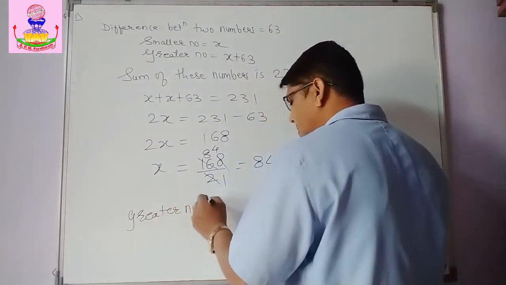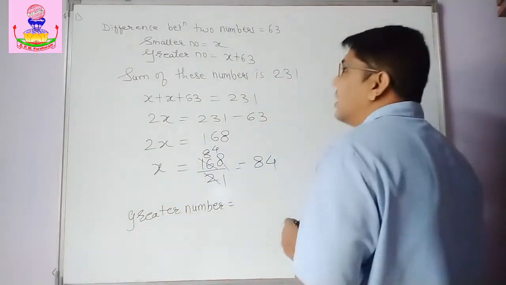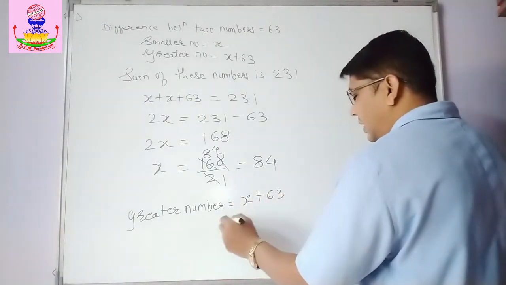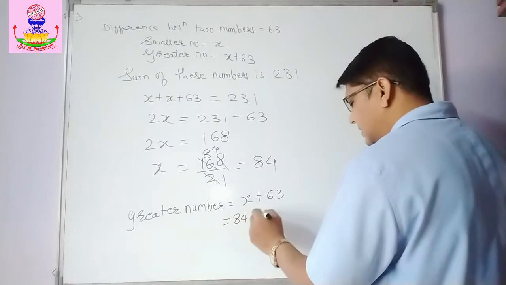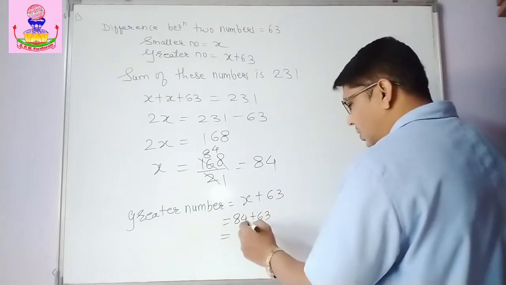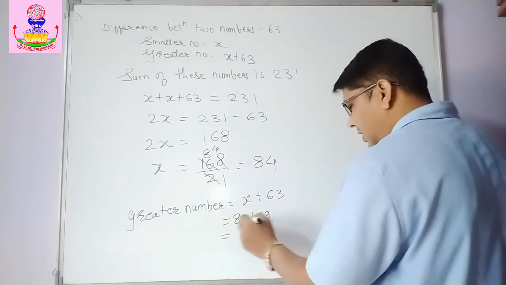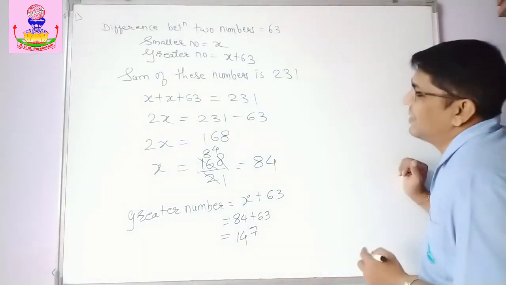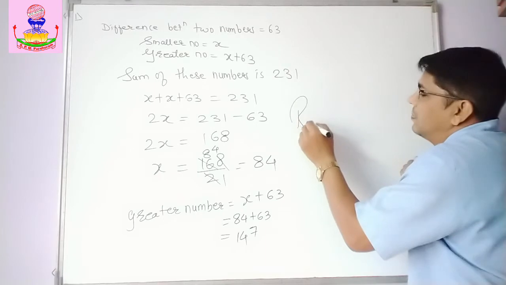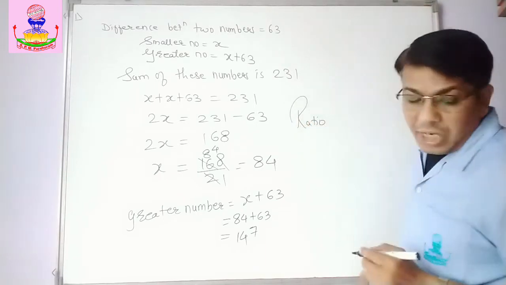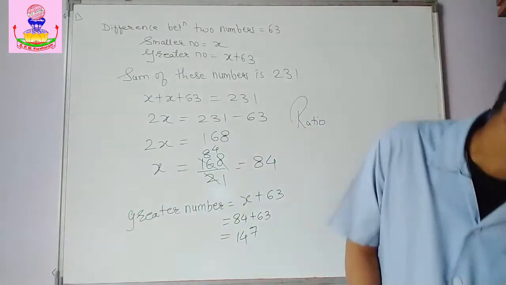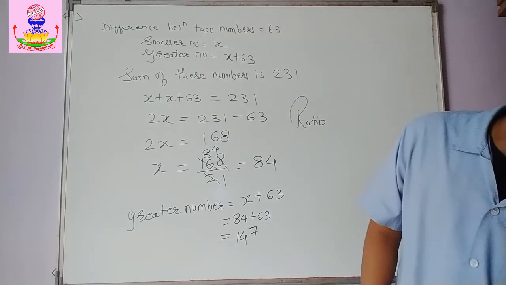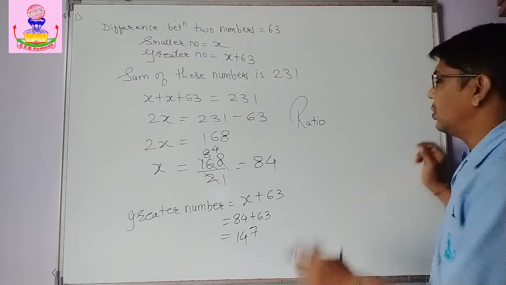Now you have to find the ratio, so first find the greater number. The greater number is x plus 63, so that is 84 plus 63, which is 147. Now how do you find the ratio? Greater to the smaller one.